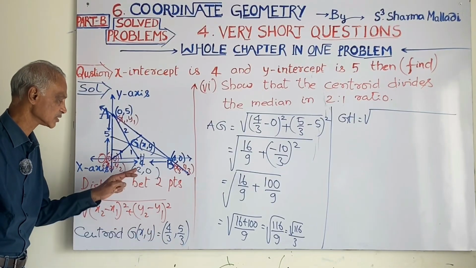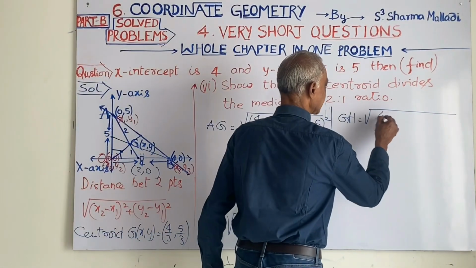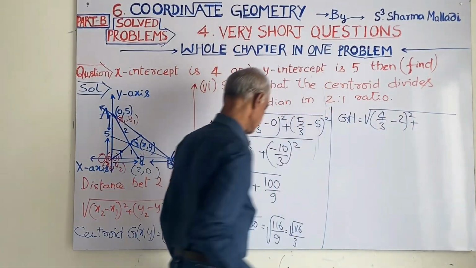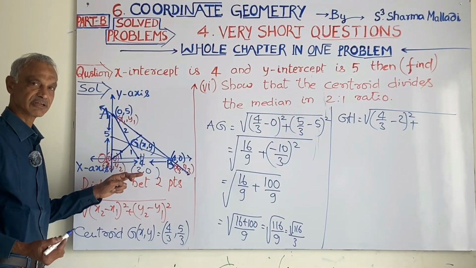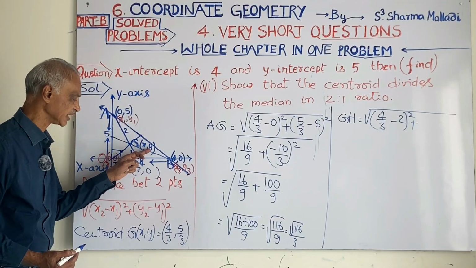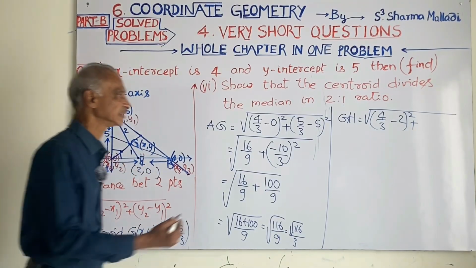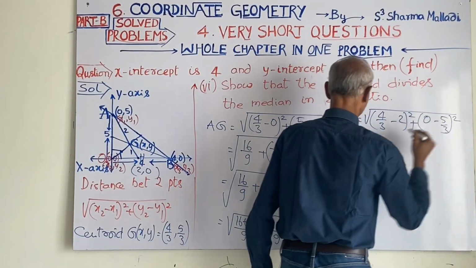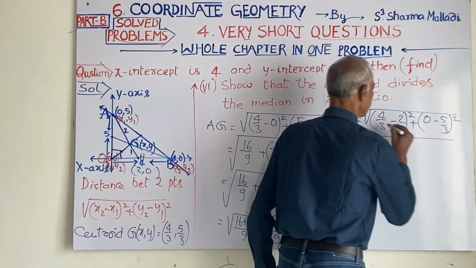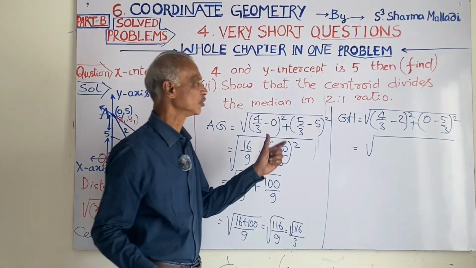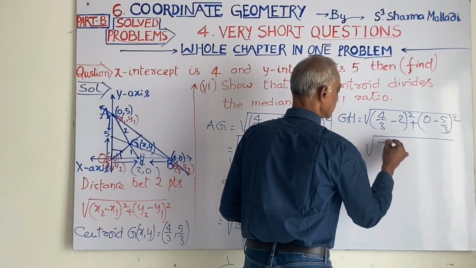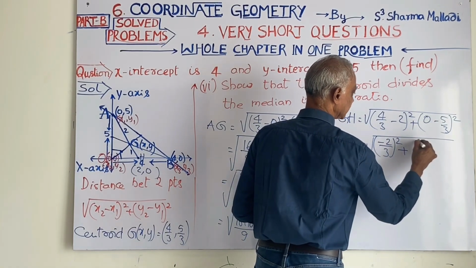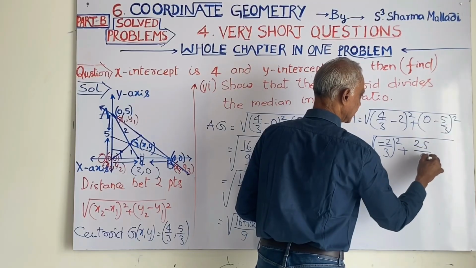(4 by 3 minus 2) whole square, x2 minus x1 whole square, plus (y2 minus y1) whole square means (0 minus 5 by 3) whole square. Now you take LCM. 3 is the LCM. 4 minus 6 means minus 2 by 3 whole square plus minus 5 by 3 means 25 by 9.